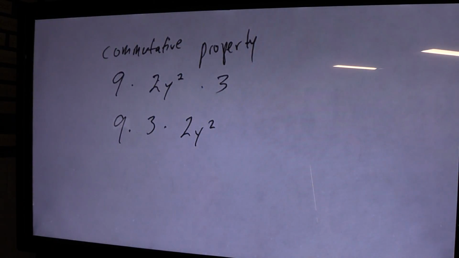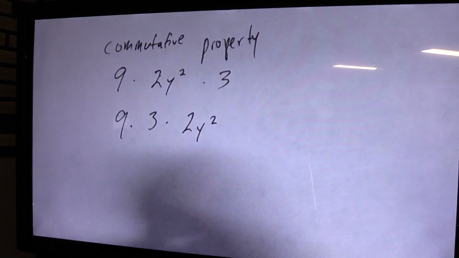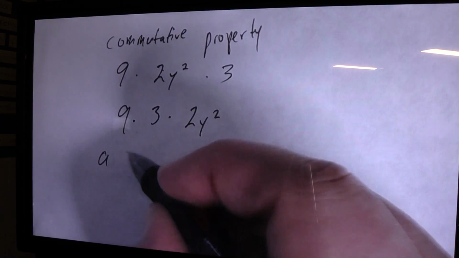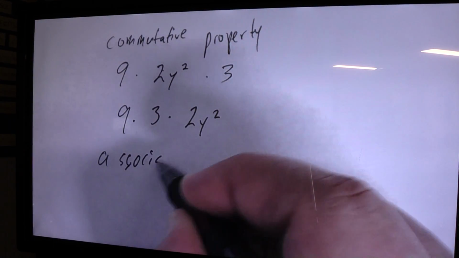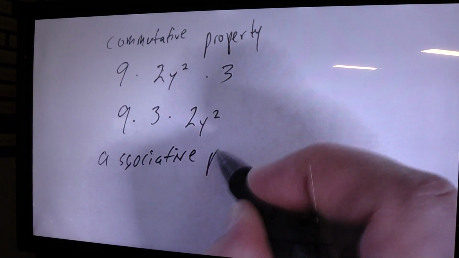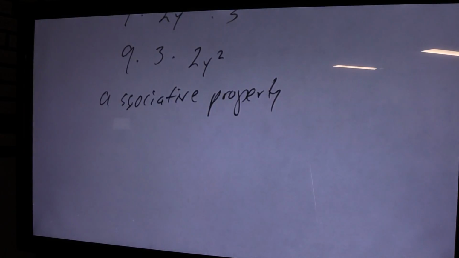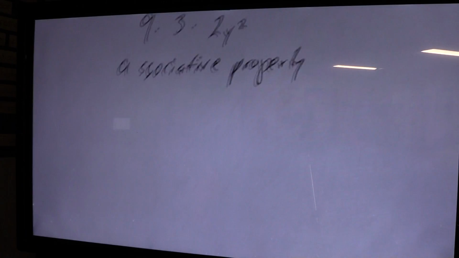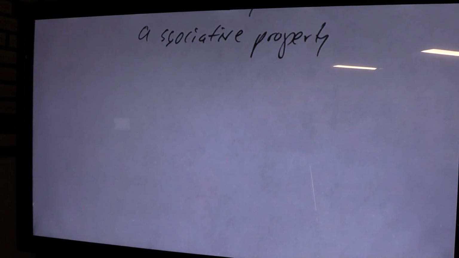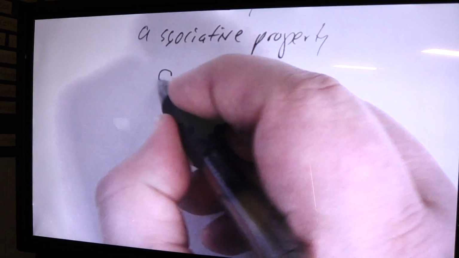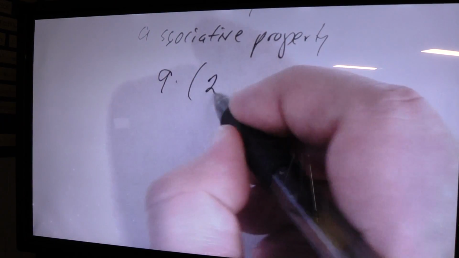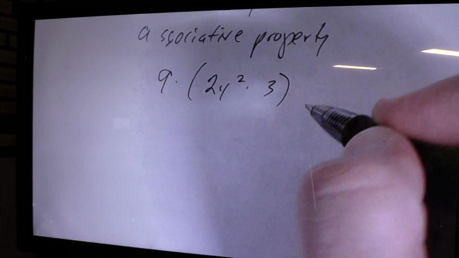Another property of multiplication we're going to be working with today is called the associative property. I'll write that down here. Sometimes you might hear people refer to the associative property as a grouping property. Let's say we have 9 times, in parentheses, 2y squared times 3.